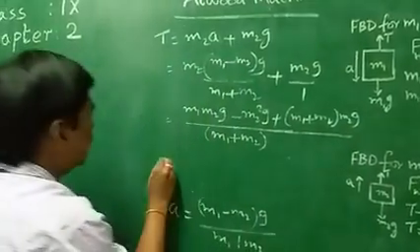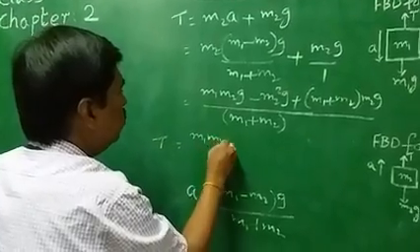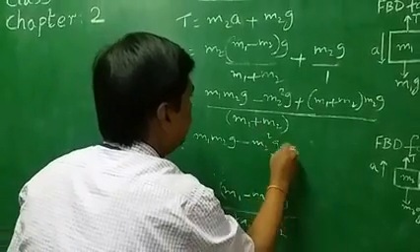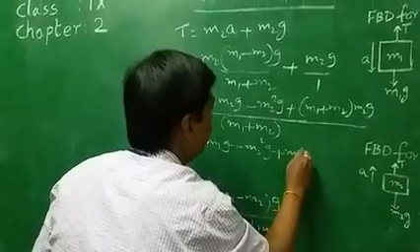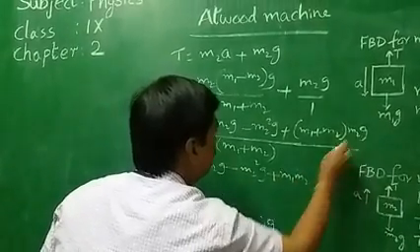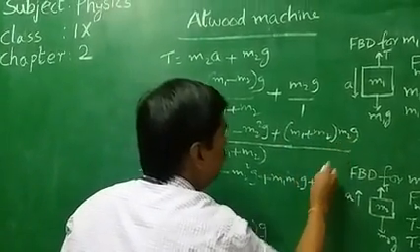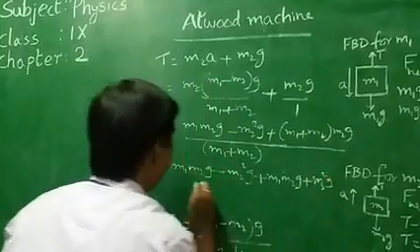So tension is equal to M1 M2 g minus M2 square g plus M1 M2 g plus M2 square g, divided by M1 plus M2.